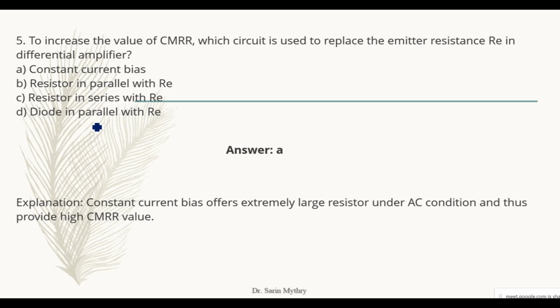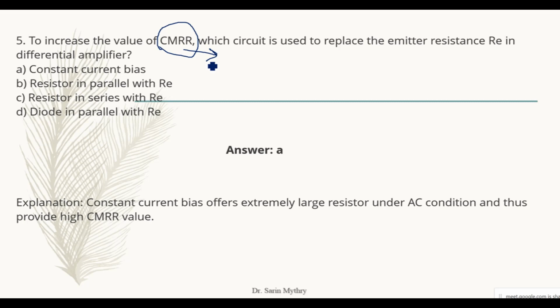Why are we concentrating on CMRR? Because we know what a common mode is. Common mode signals are nothing else but the noisy signals. If noise signals are there in your amplifier, then the output of your amplifier will not be as expected. The efficiency of the amplifier will not be so good.